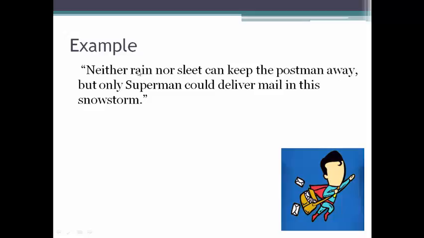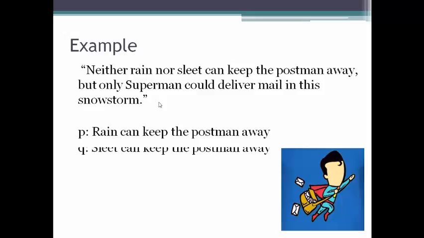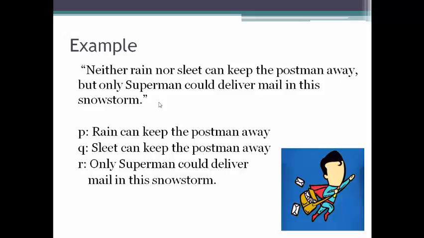Really what you've got is this simple sentence, rain can keep the postman away, and the simple sentence, sleet can keep the postman away, plus this third one, Superman could deliver mail in this snowstorm. So let's make P, rain can keep the postman away, Q, sleet can keep the postman away, and R, only Superman could deliver mail in this snowstorm.